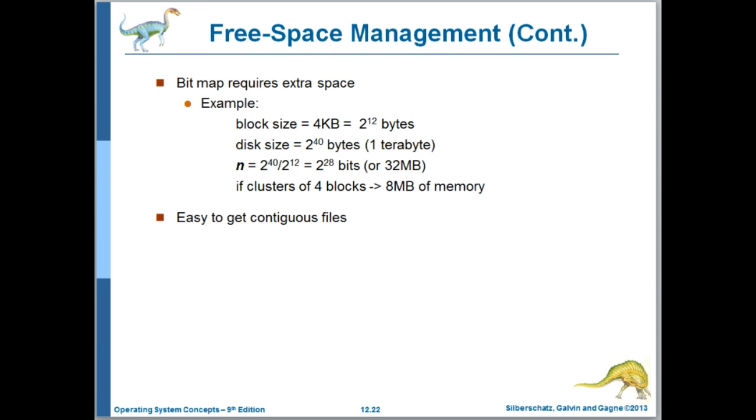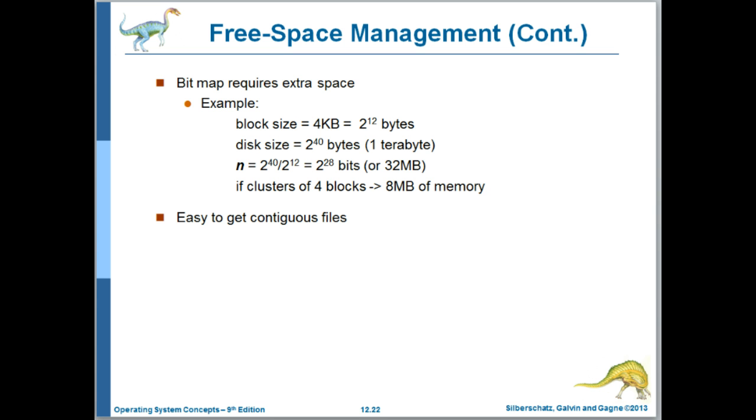This illustrates the potential size of a bitmap block, assuming that we have a disk block size of 4K and a terabyte disk drive. Then we have 2 to the 28 bits, which is 32 megabytes. If we cluster the 4K blocks into clusters of 4 blocks, then the bitmap goes down to 8 megabytes.